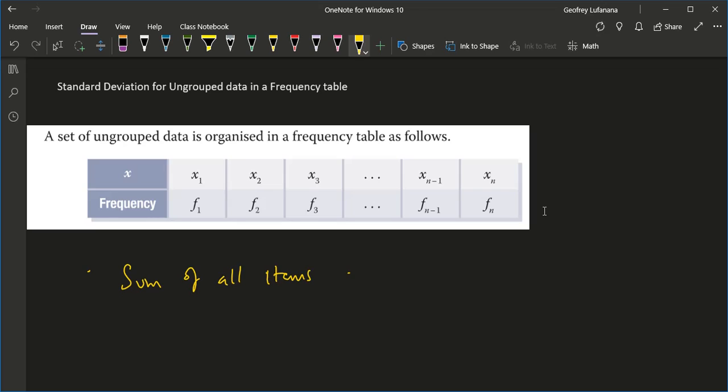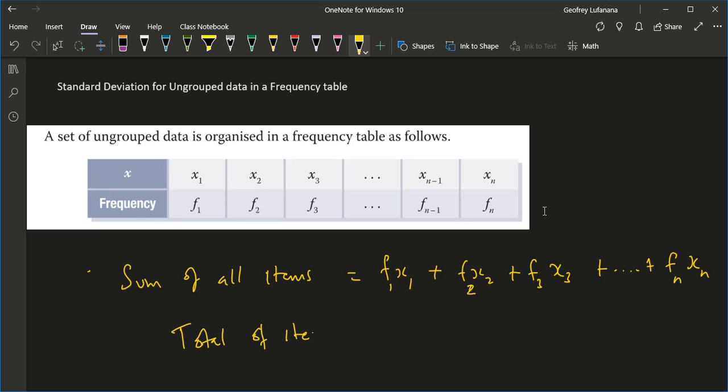So that would be f1x1 plus f2x2 plus f3x3 plus, until you complete all of them, fnxn, whereas the total number of items is going to be the addition of all the frequencies. So this is what we call n in the ungrouped data. That would be f1 plus f2 plus, until I have all of them.